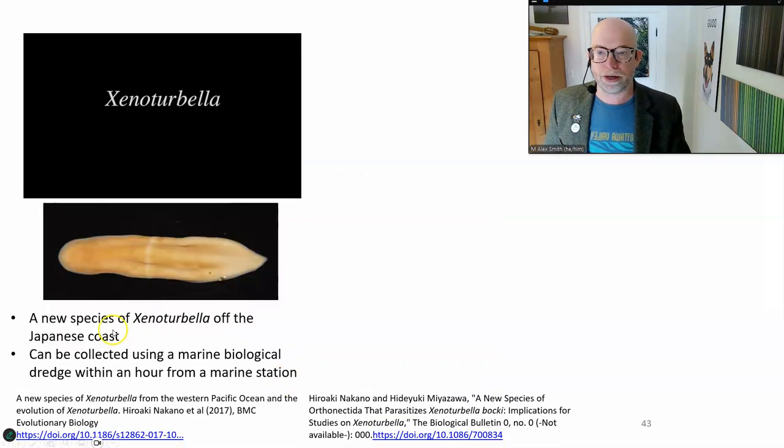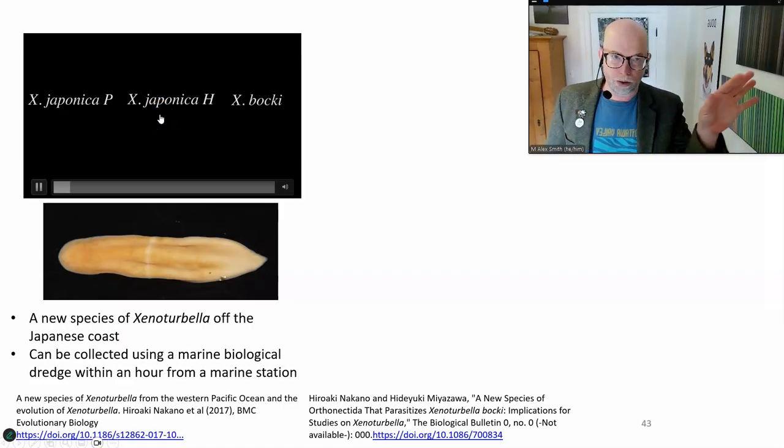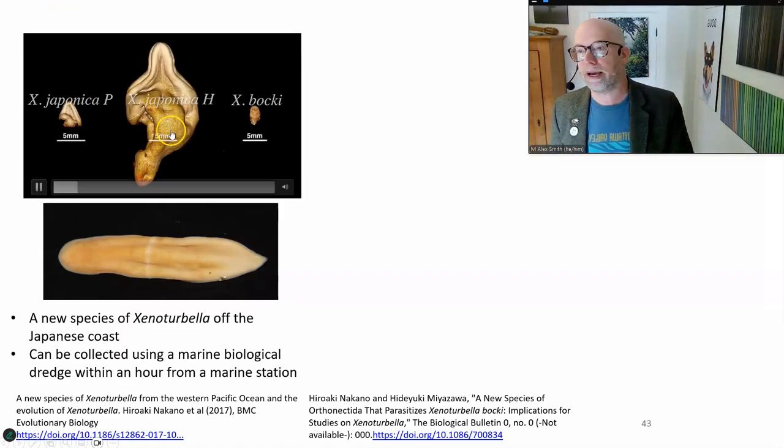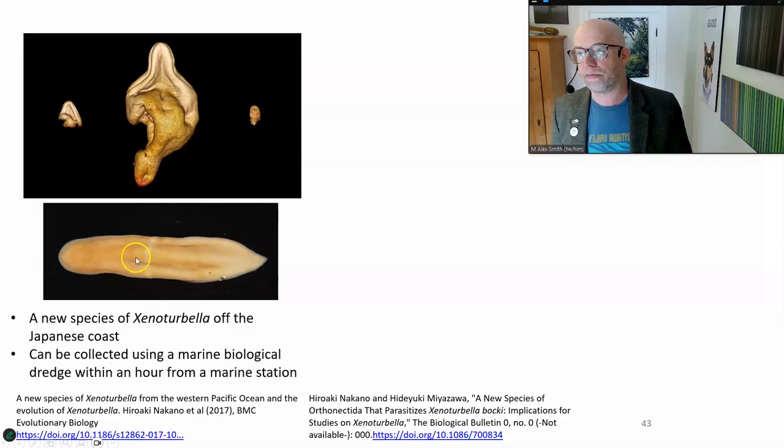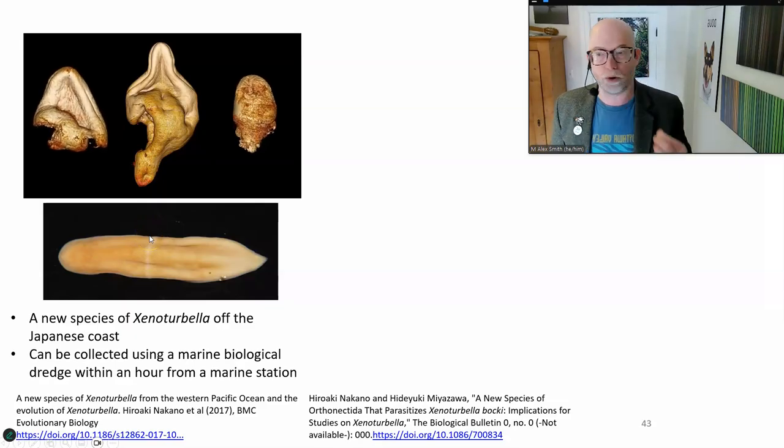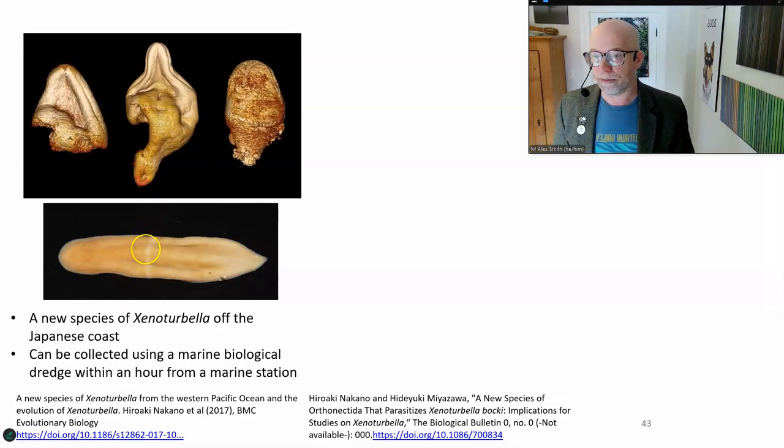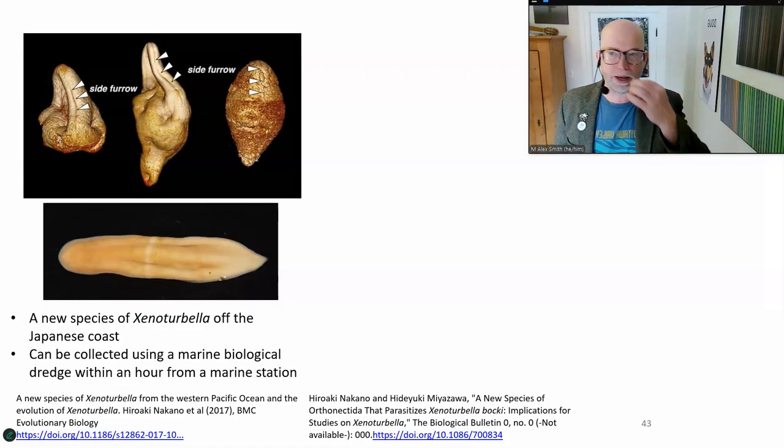Now, what are the orthonectids? Here's the look again of the scanning tomography. This is the farthest away from Sweden, but this is perhaps the most similar looking to the Swedish form of the Xenoturbella bocki. This looks not like the purple socks off the California coast.